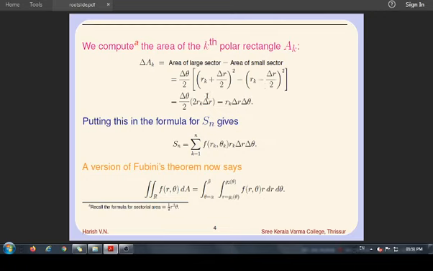So 4 times rk into delta r divided by 2, which is 2 rk times delta r, and this 2 and this 2 get cancelled, and the remaining is rk delta r delta theta. That is the area of the kth polar rectangle delta Ak.